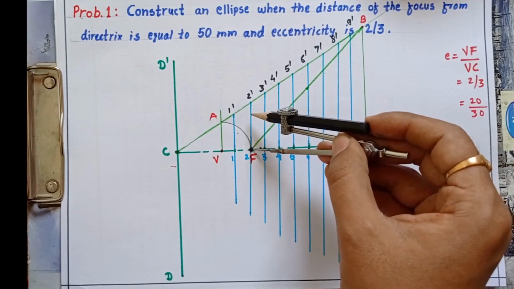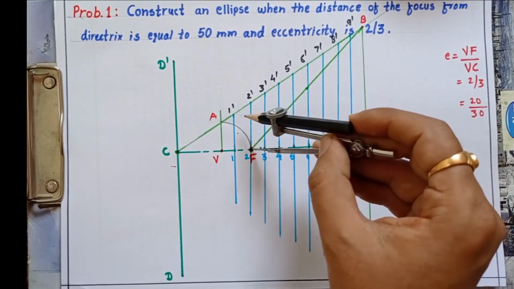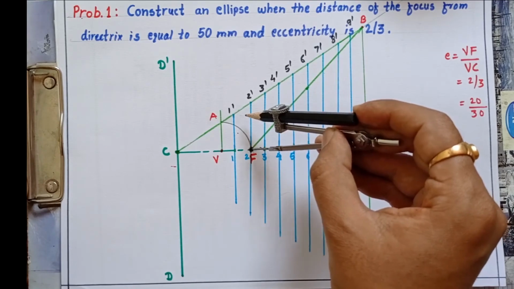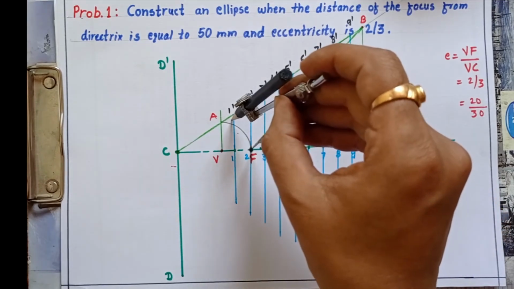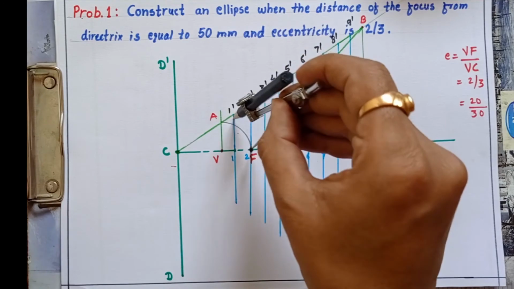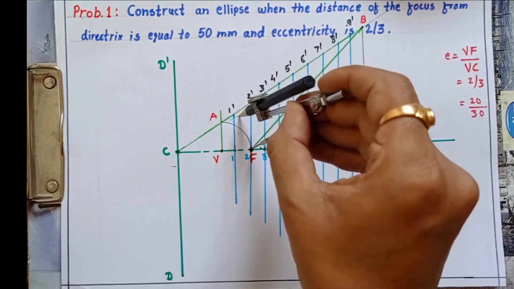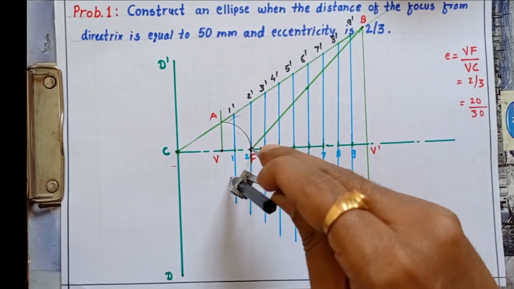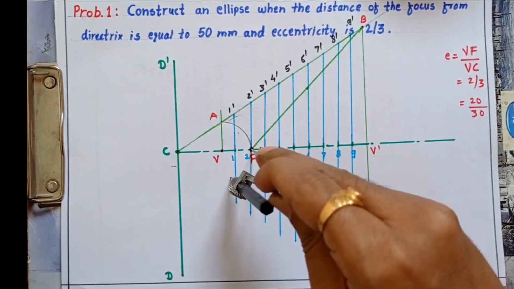With F as the center point of our compass, we are going to cut the line which is passing through the points 1 and 1 dash. It will cut over here on the upper side of that horizontal line, and it will also cut towards the downward side of your horizontal line.